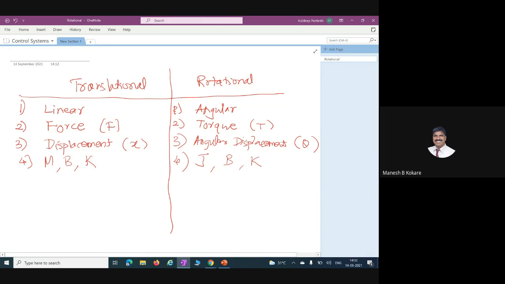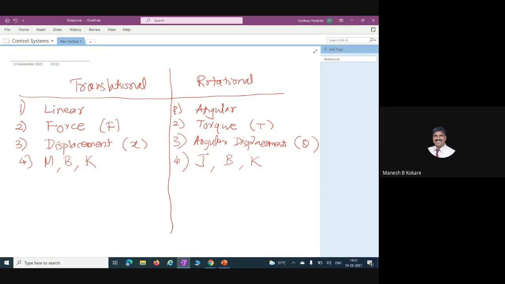And you know that in case of a translational mechanical system, if you see the mathematical model of a simple spring element, when you apply a force on this spring, there will be an opposite force offered by the spring. The spring force Fk is directly proportional to the displacement.